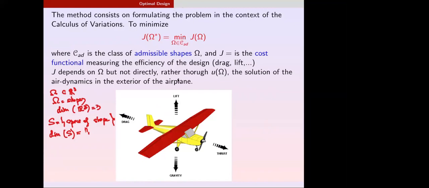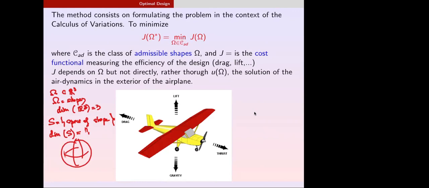Infinity, precisely. This is something very important, right? So we are living in R3. The shapes we are considering are in R3. But the space of shapes is itself infinite dimensional, right? And you can see that very easily when you are looking at spheres. Assume we were just designing balloons, spheres.